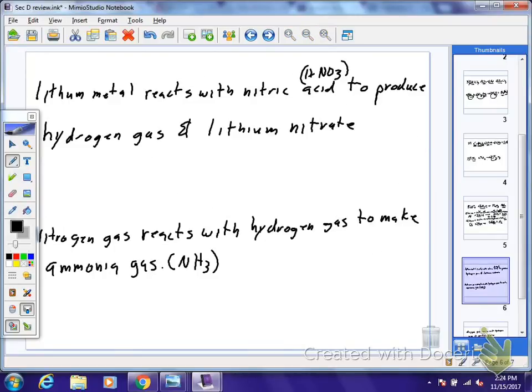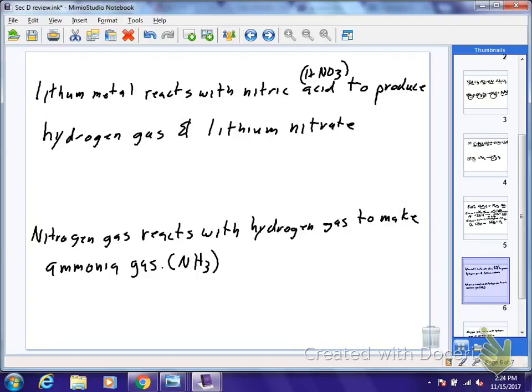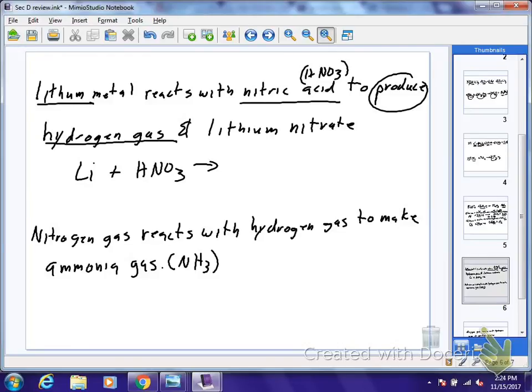All right, these are written out, and these are a little bit tougher to work with. So lithium metal is Li. Reacts with nitric acid, which is HNO3. I told you that because you don't know. Hydrogen gas, it produces. So hydrogen gas is H2.